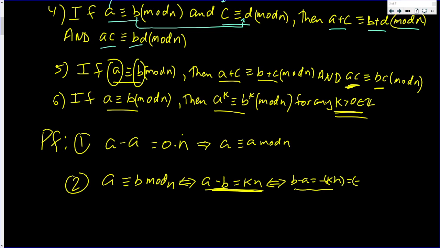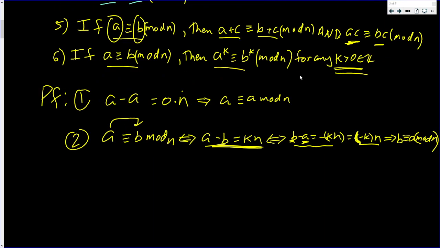But that's the same as -kn. Sorry. I mean, it is true, but it's not the way I want it. I want it to be an integer times n. Oh, so b minus a is an integer times n. That means b is congruent to a mod n. You can interchange those two whenever you like.